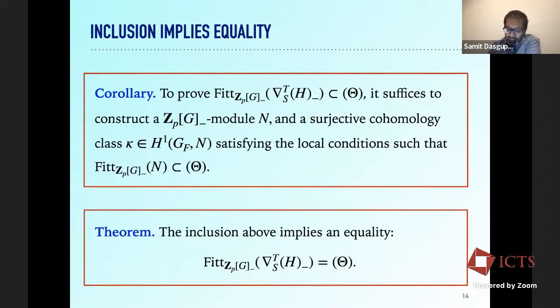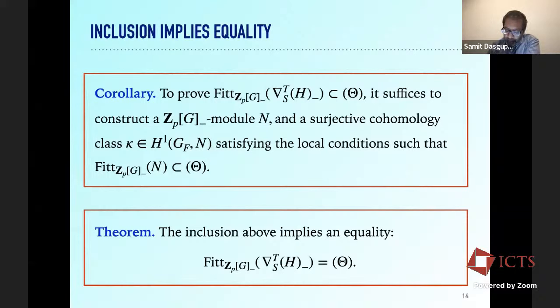It suffices to construct a module N and a surjective cohomology class valued in N, satisfying the local conditions, such that the Fitting ideal of N is contained in theta. Because then the cohomological interpretation of nabla gives us a surjective map from nabla to N, since a surjective map from nabla to N is the same as giving a surjective cohomology class.